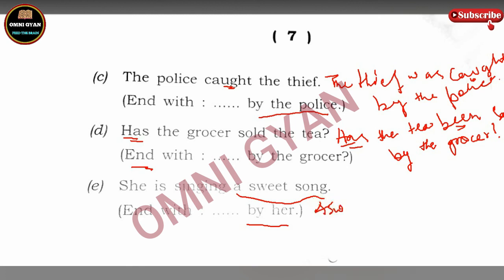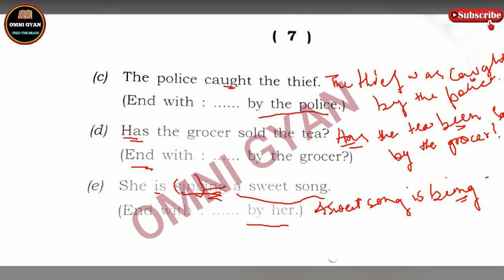A sweet song. Now there is an ing verb, right? And this is in present tense. I told you for present tense it will be present only, is. Now because there is ing, for ing what we do is we use being. A sweet song is being. The third form of the verb is sing, sang, sung. Singing's ing we have taken in being already.